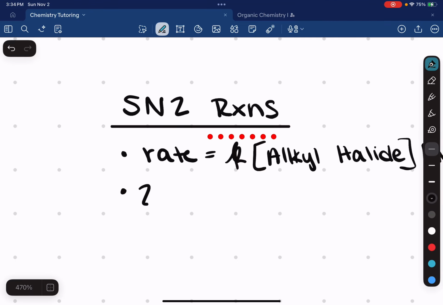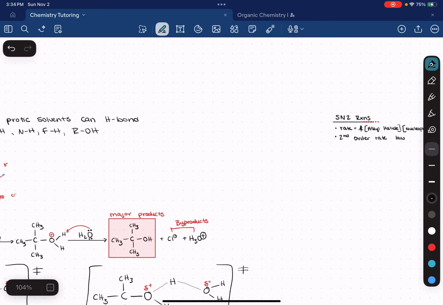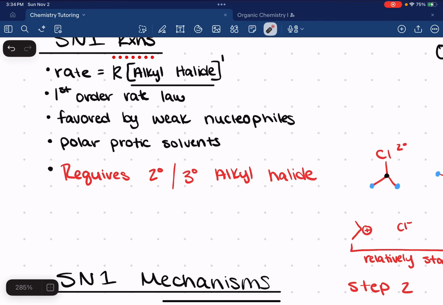And it's a second order rate law. Okay, so I want to go back over here so we can see this as an example since it's already worked out. So we said that the alkyl halide was going to be the only thing that determines the rate, right? It's a first order rate law.